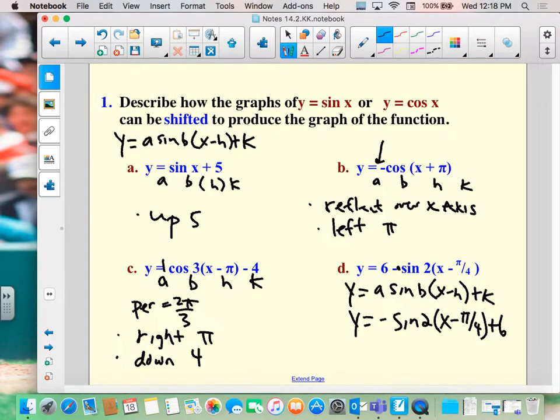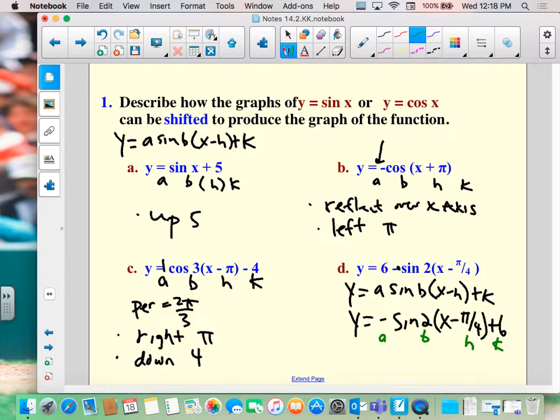Notice the negative sign is right in front of the word sine. It is not in front of the 6, so it is a plus 6. So our plus 6 is our k. Our h is minus pi over 4.